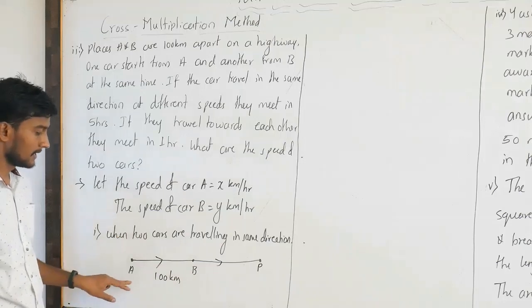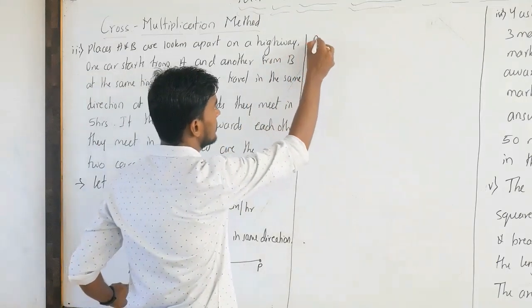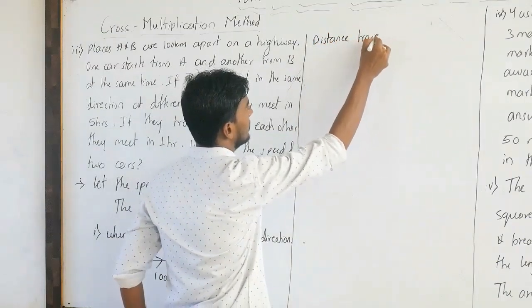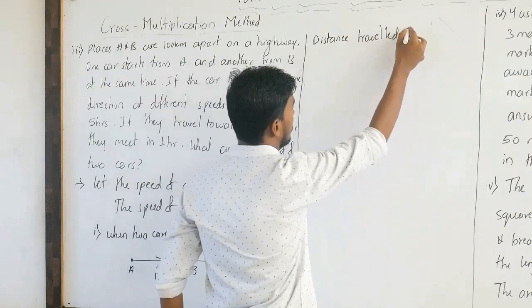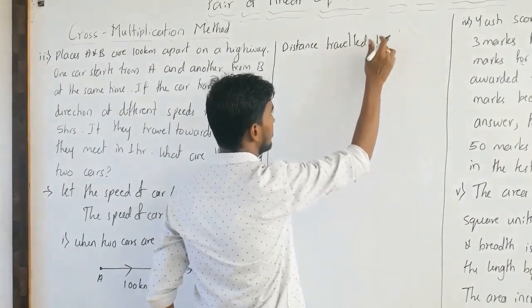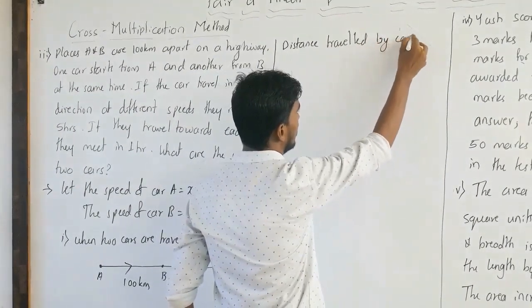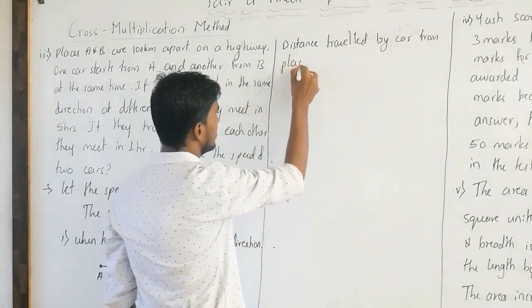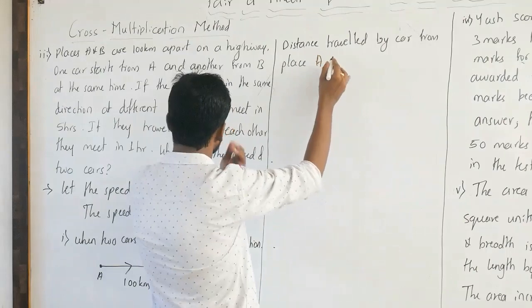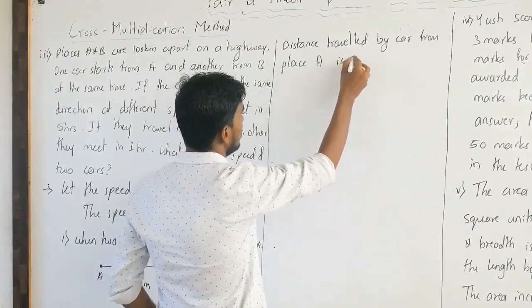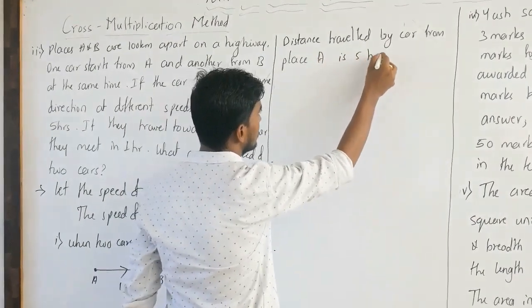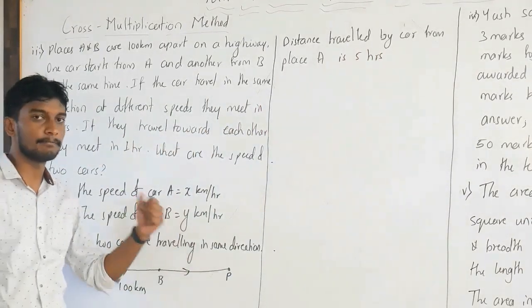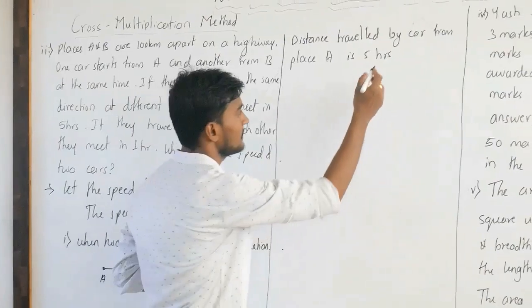So here, the distance traveled by the car from place A in 5 hours is equal to, what is the formula?